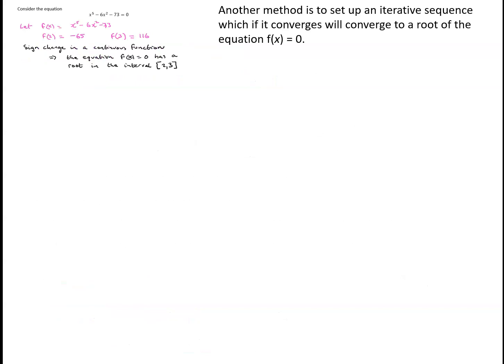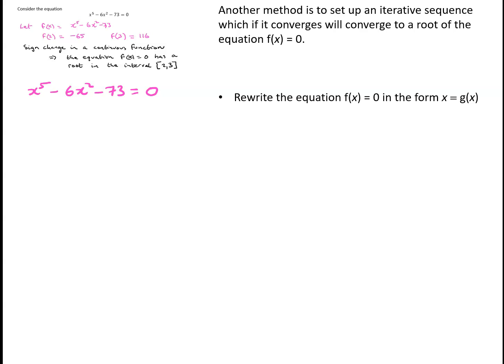Another method is to set up an iterative sequence which, if it converges, will converge to a root of the equation f of x equals 0. So the first step we've got to do is take our equation that we want to solve, and rewrite that equation in the format x equals g of x.